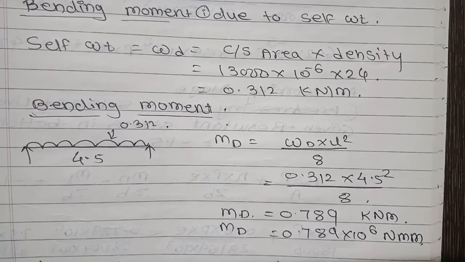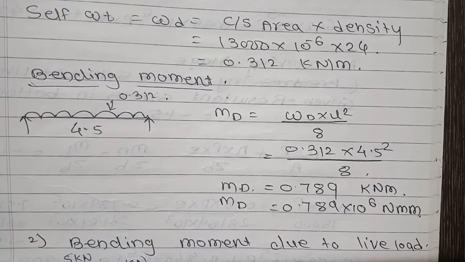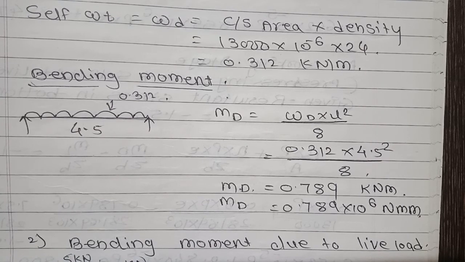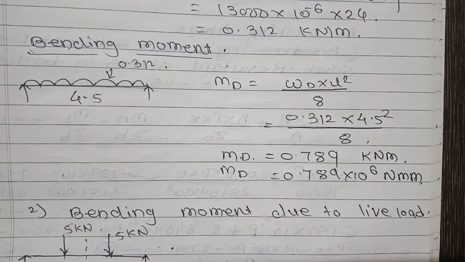Now find the bending moment due to dead load. Draw a simple diagram. Span length is given, that is 4.5 meter, and self-weight of the beam is 0.312. That's why MD equals WD into L square divided by 8. WD is the self-weight of the beam, that is 0.312.